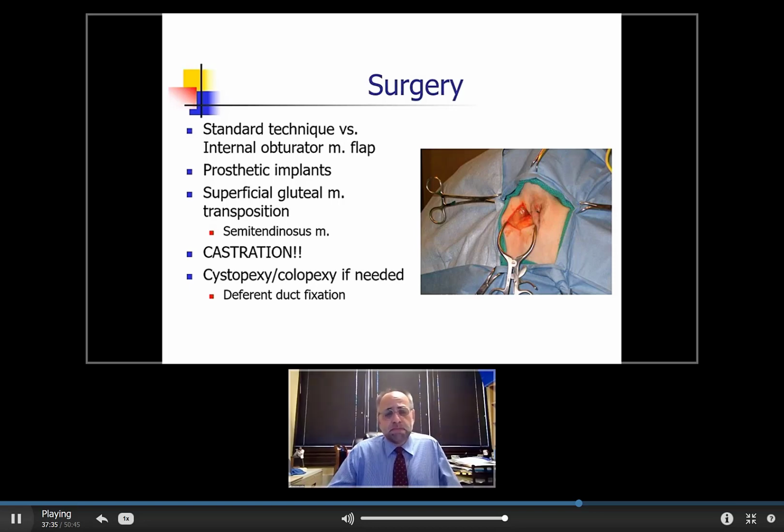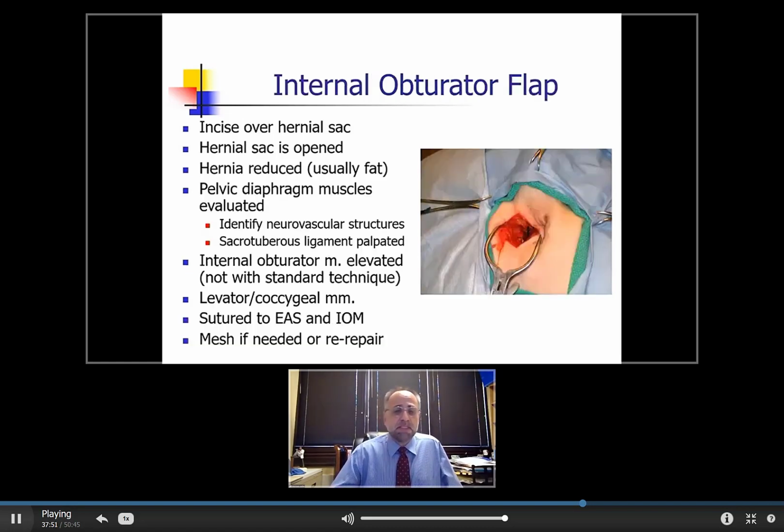If the urinary bladder is retroflexed there and keeps wanting to flip back up, we can do even a cystopexy. If the rectum is prolapsing, we may even have to do a colopexy in some of these cases as well.